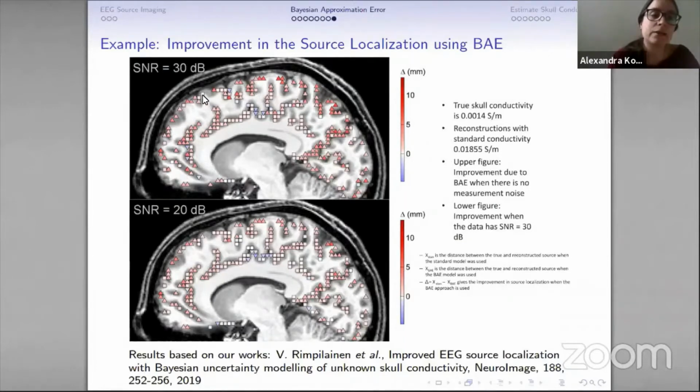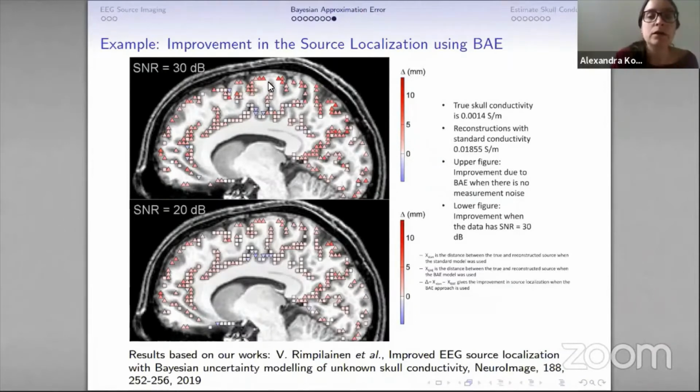So basically the square here, for example, shows that in this location we didn't see really an improvement in the source localization between the standard model without the Bayesian approximation and with the approximation. And the triangles pointing upwards show the locations where we had improvement in the source estimates when we incorporate the statistics of the approximation error.